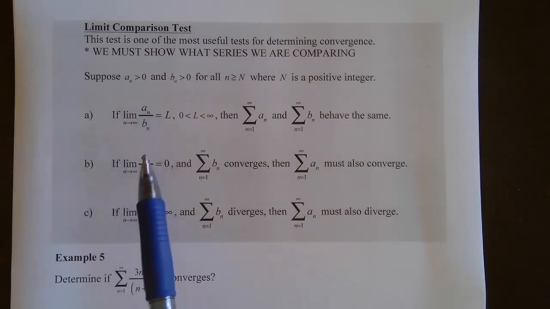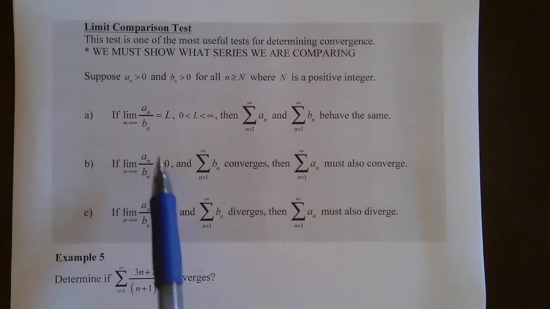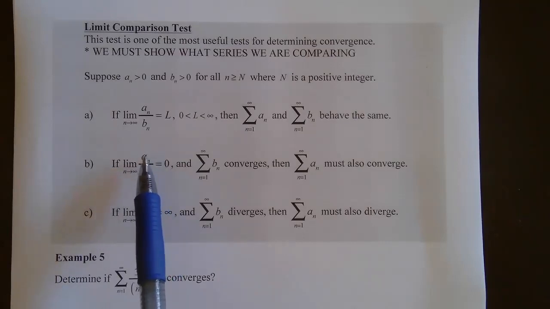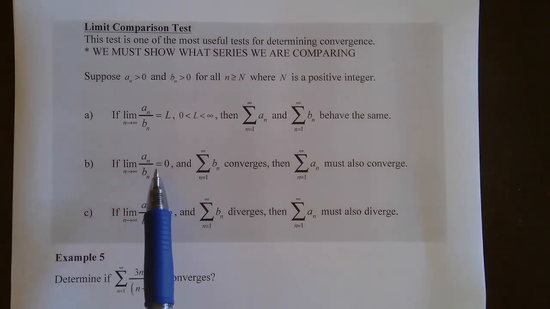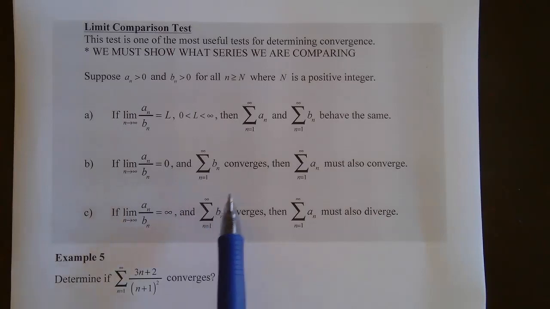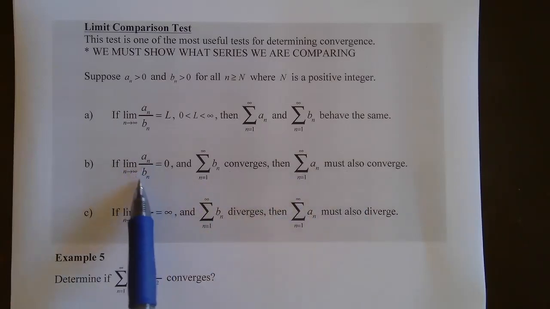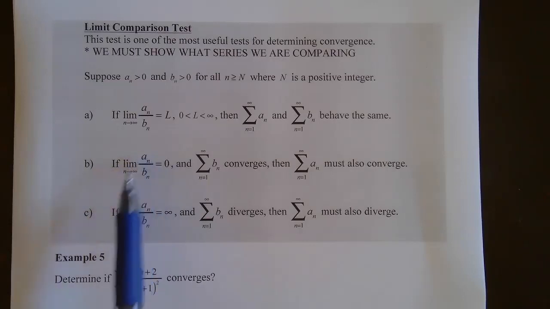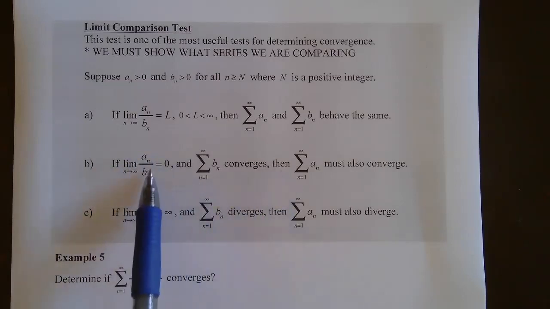If we take the limit as n goes to infinity of the nth term of the series we're given, divided by the nth term of the series we're comparing it to, and it comes out to be 0, and b sub n converges, then a sub n converges. So if we get 0, and this one converges, then this one converges. Now we can't use this if this one's diverging.